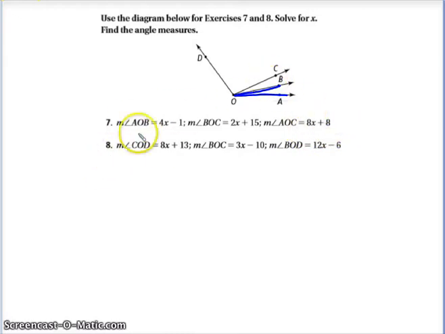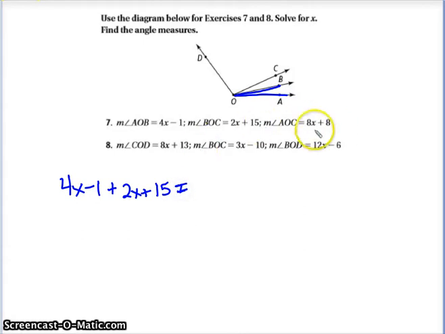Okay, I can set up an equation now that says 4x minus 1 plus 2x plus 15 has got to be equal to the measure of AOC, 8x plus 8. Now I've got this nice equation that we can solve. So I combine my like terms. I get 6x plus 14 is now equal to 8x plus 8.